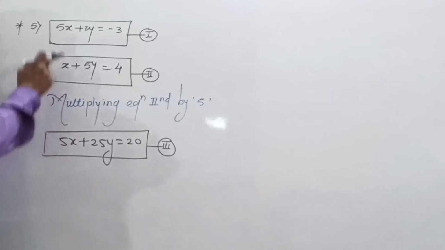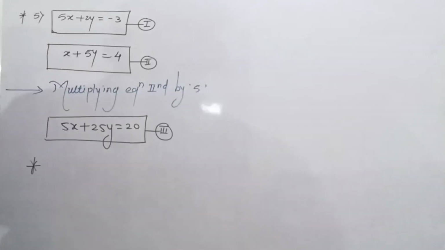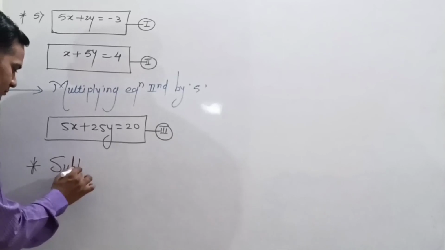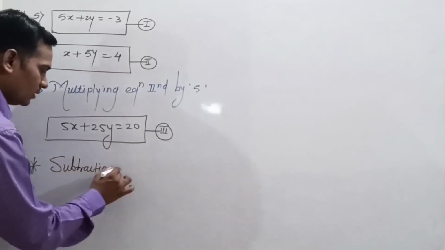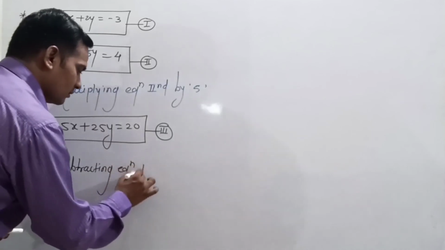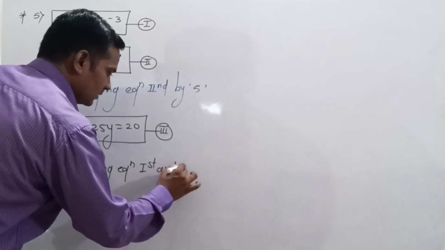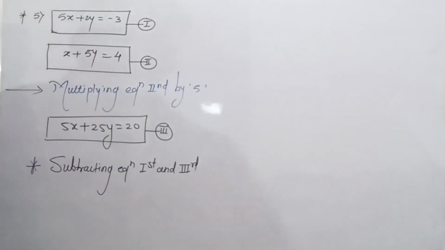This is a plus, this one is again plus. So we have to subtract equation number first from third. So we will write subtracting equation first and third.